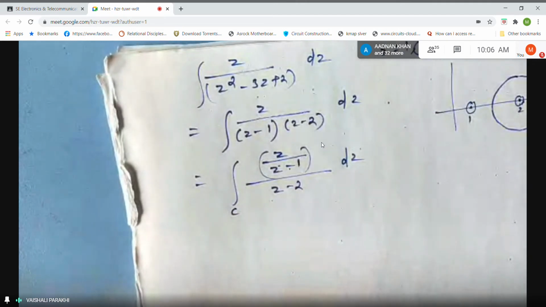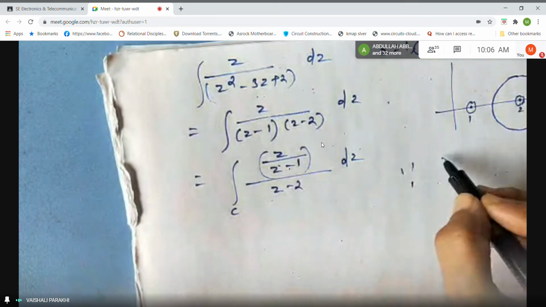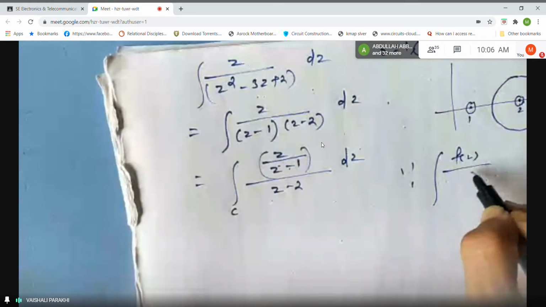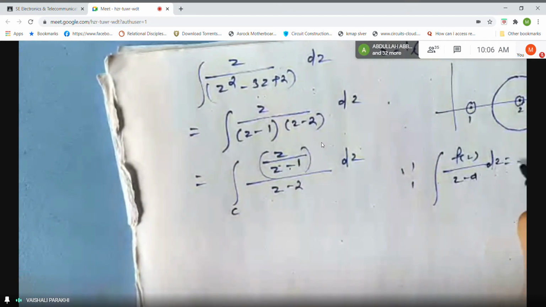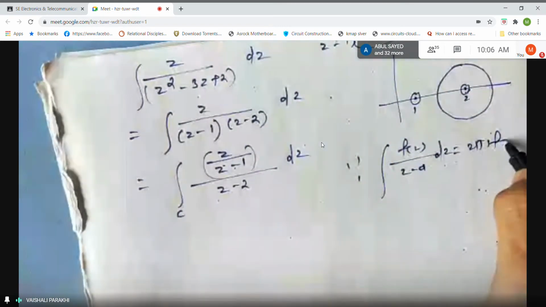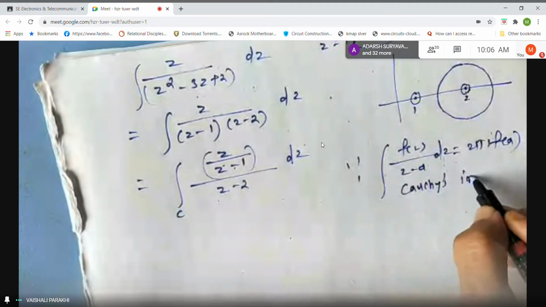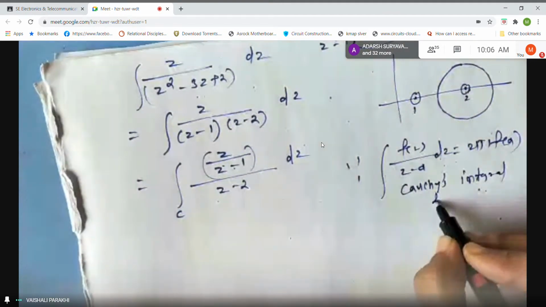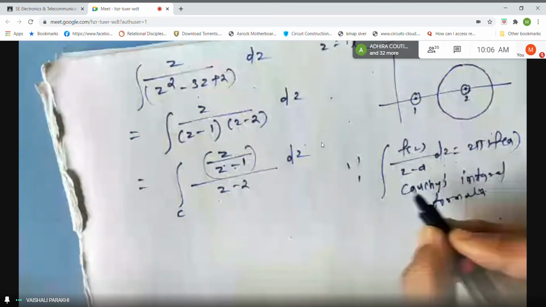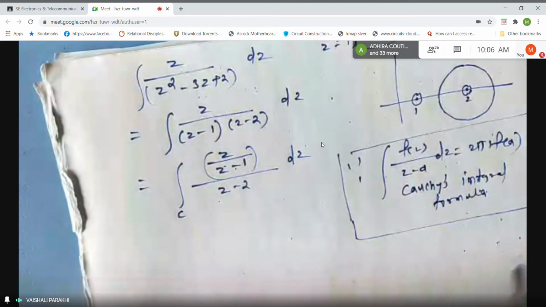It is one and the same thing, but I want it in the form integral of f of z divided by z minus a dz is equal to 2 pi i f of a. This is my Cauchy's integral formula. See, try to understand this.